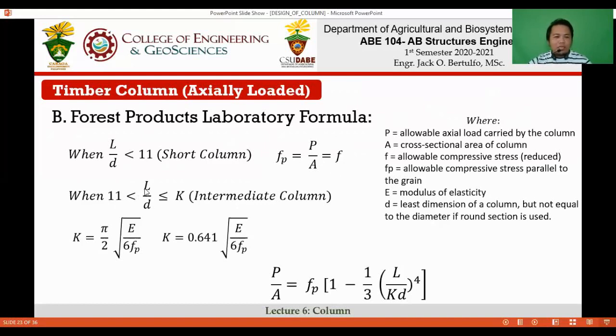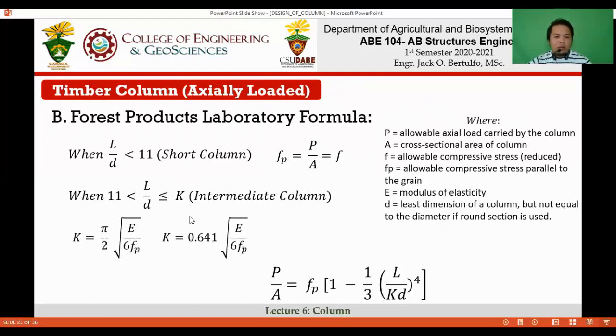But if your slenderness ratio is greater than 11 but less than K, where K is the length factor, then we have another type of column, which is the intermediate column. How to determine this value of K? You will use this formula: K is equal to pi over 2 times the square root of E over 6 FP.